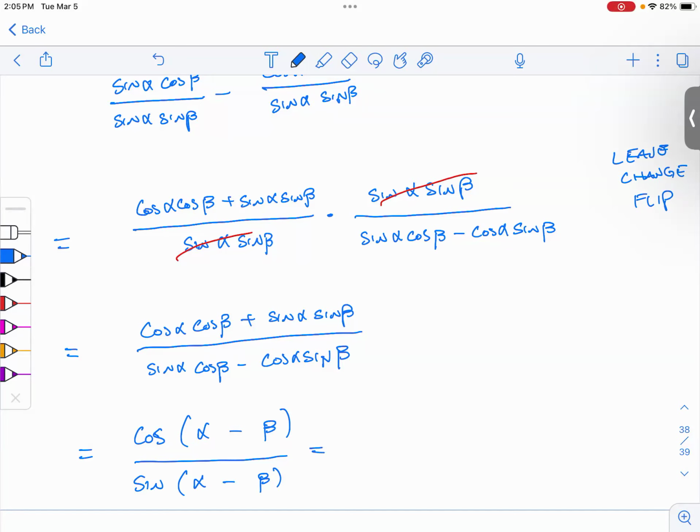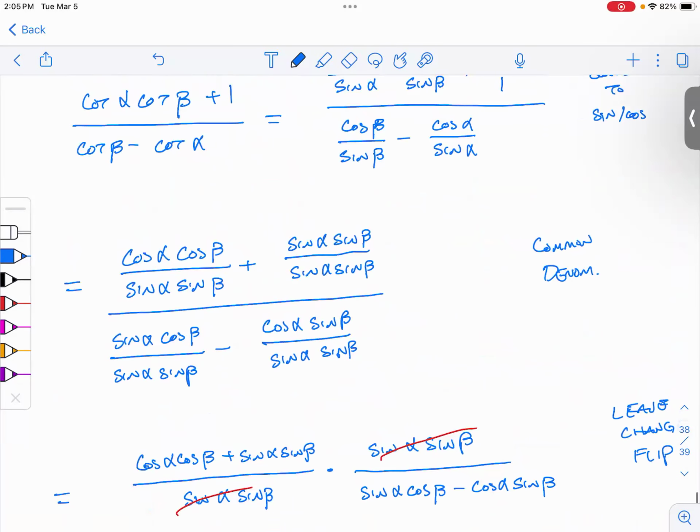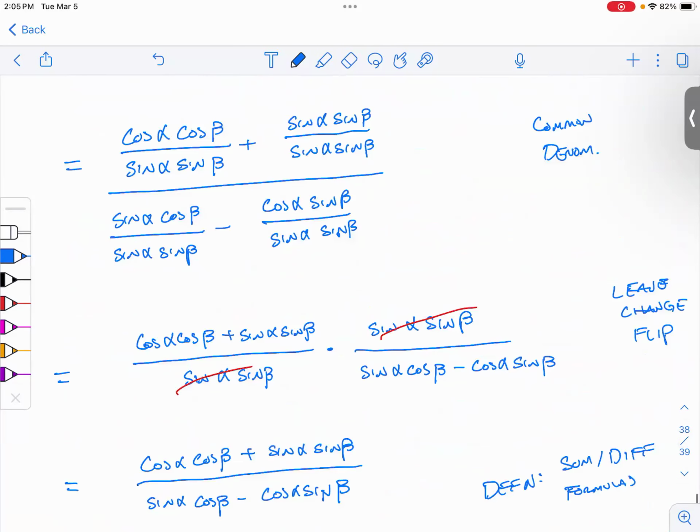So cosine over sine, which gives us cotangent of alpha minus beta. And is that what we wanted? Yes, it is.